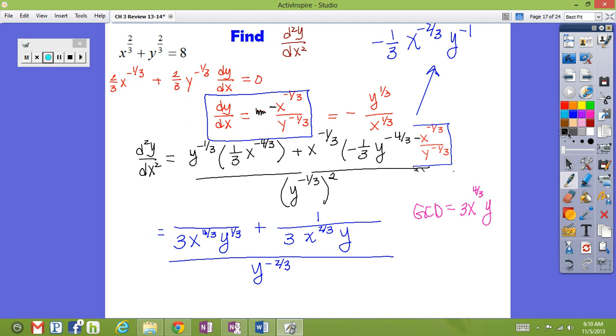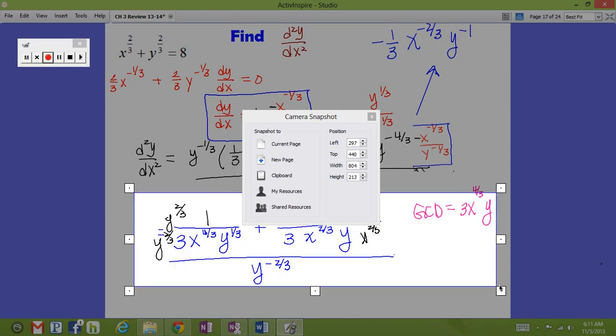So to get a common denominator here, I would need on this side just y to the 2/3 over y to the 2/3. To get the common denominator here, I would need just x to the 2/3 over x to the 2/3. Alright, that's thirds right there. Okay, so given that, I'm going to move over to the next page.